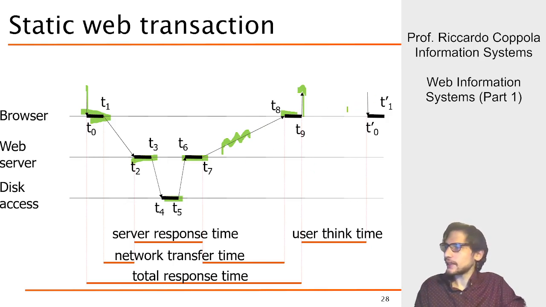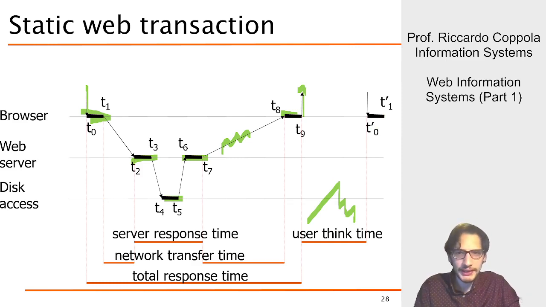Of course, I can have multiple requests to the same browser, and after some time I can perform a second HTTP request, where the user may elaborate what's happening and perform another click or perform another request.